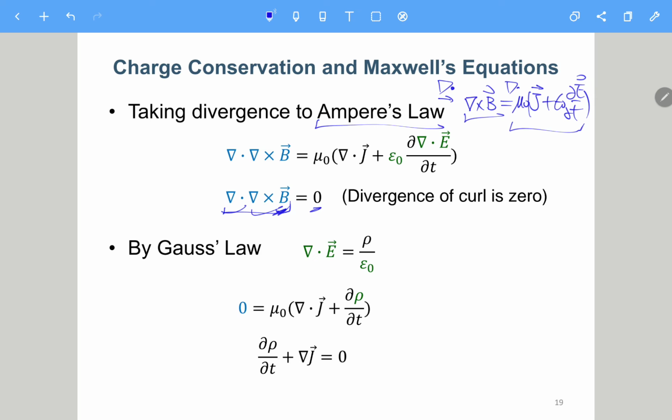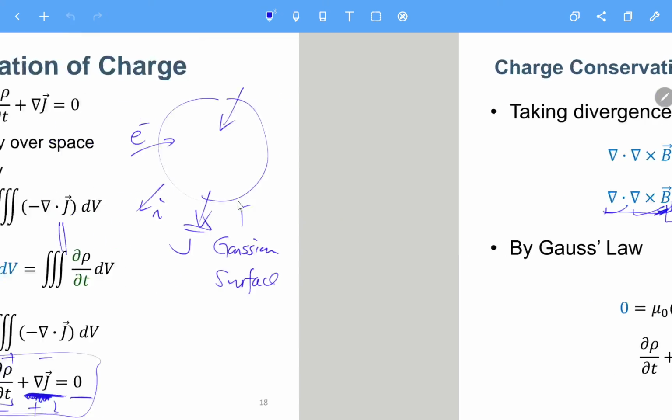For example, you can write this B as Bx i hat plus By j hat plus Bz k hat, and then refer to the original definition of the curl, which is like a determinant. We will have 6 terms, and then you try to take the divergence again. It will be very simple.